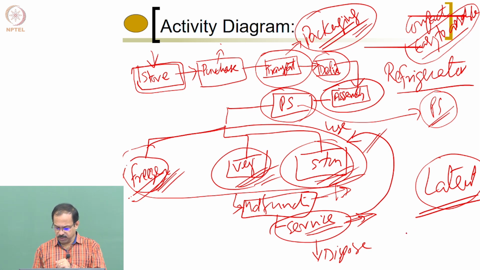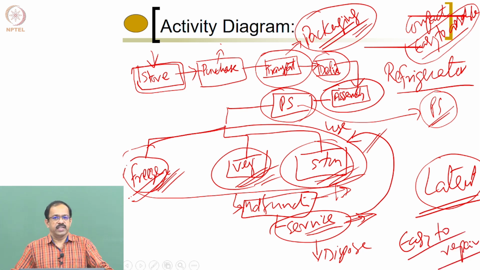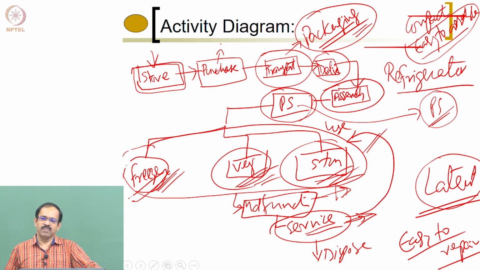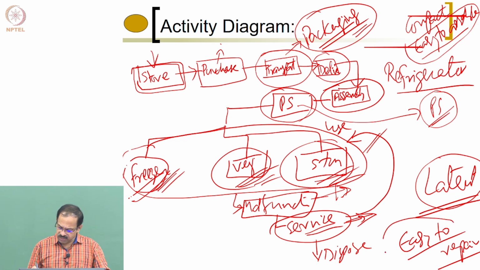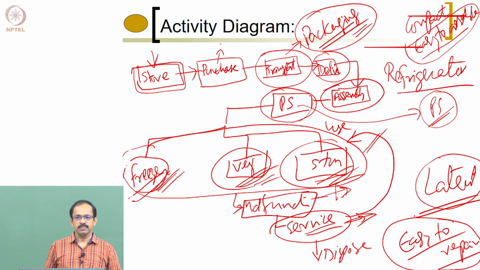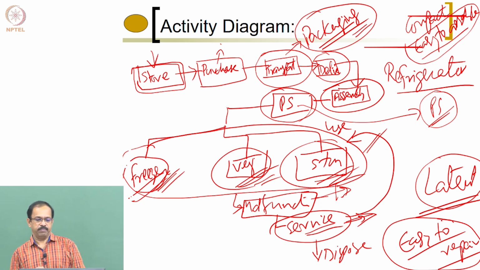So easy to repair will be one requirement, which is again a latent need. The customer is not worried about whether it is easy or difficult. As long as it gets repaired, he will be happy. But it is the designer's job to make the repair easy for the product. That is the easy to repair. And that is coming as another latent need from the customer use pattern or the activity diagram.